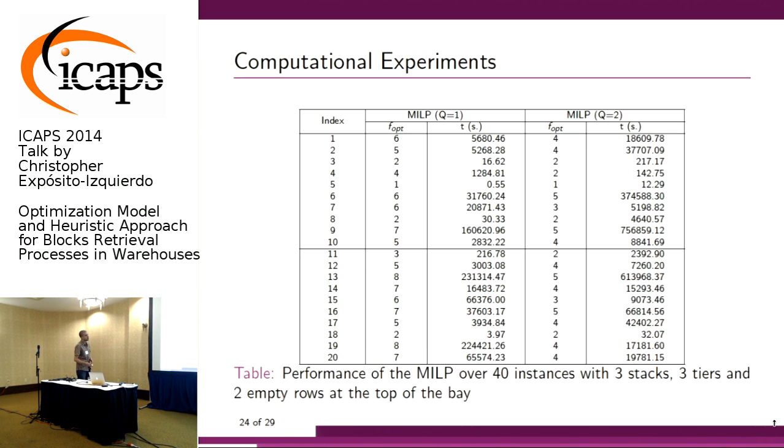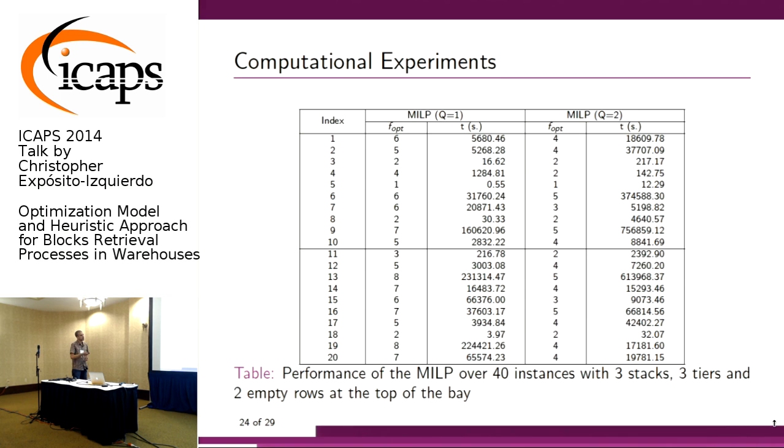Well, according to our computational experiment, we have firstly tested the computational performance of the optimization model on problem instances with only 3 stacks, 3 tiers, and 2 empty rows placed at the top of the stacks.